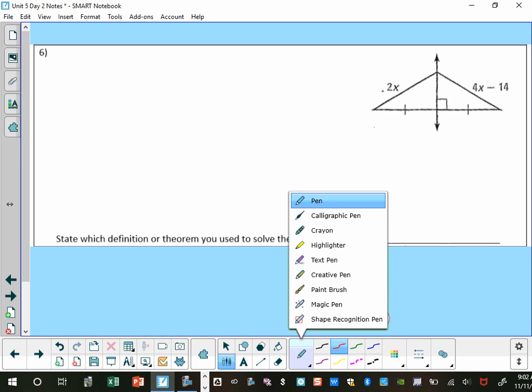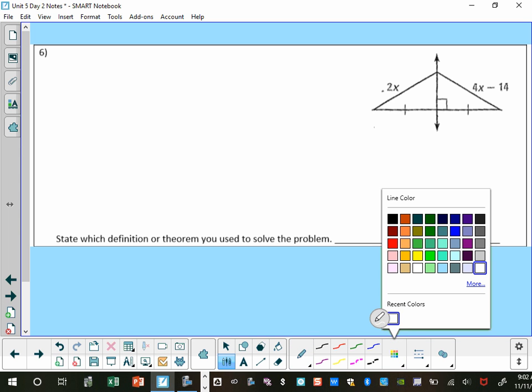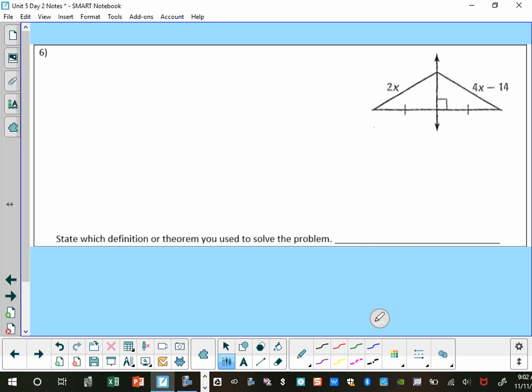This looks like a decimal, but it's not. It's just how it's copied. Okay, so my perpendicular bisector is going here. So those sides are congruent. What do I know about 2x and 4x minus 14? They are congruent. So how do I set up my equation? 4x minus 14 is equal to 2x.